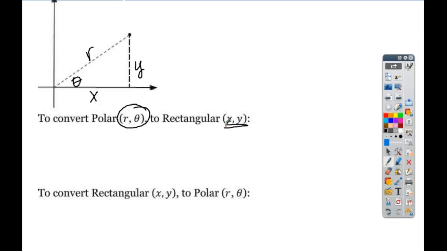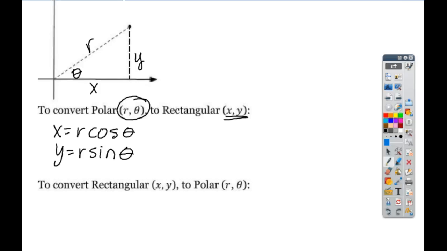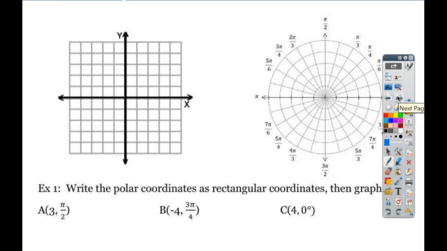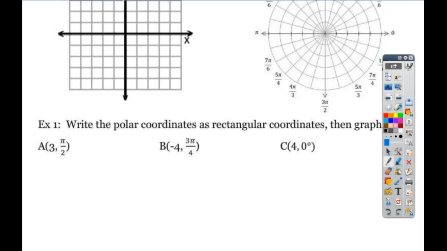So if I start with r and theta, but I want to end up graphing in the rectangular, we already did this. Okay, so let's go to example 1.